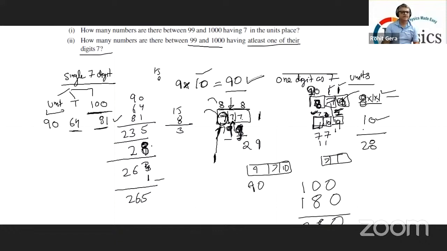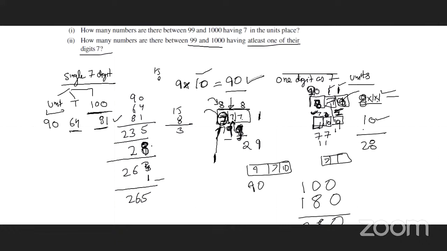Tens place, why is it 64? Because I can't have a... I don't want to repeat the number. So 7 cannot be repeated because it's a single digit. 700 starts from 7, will end at 799.